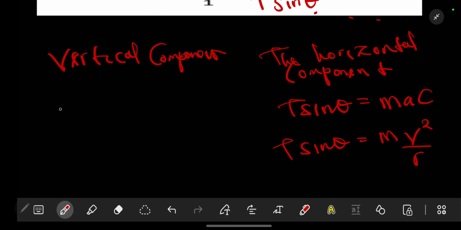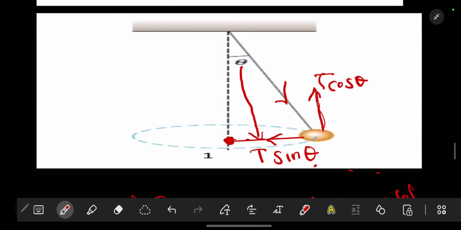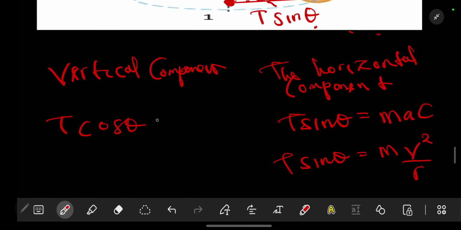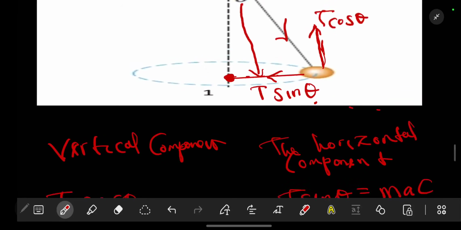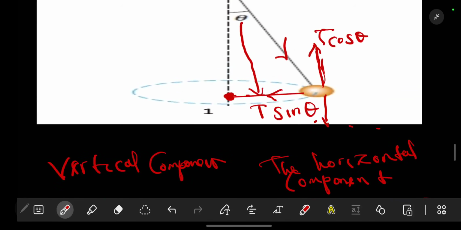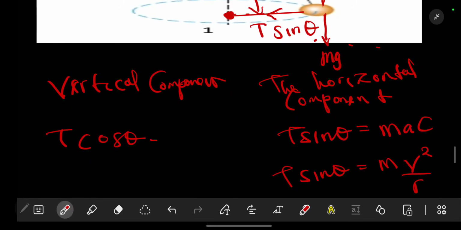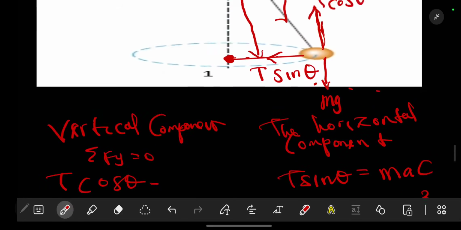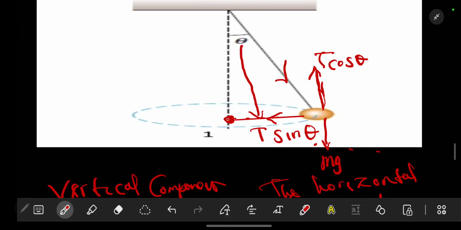The vertical component is T cosine theta in this case, because it is the one pointing up. The downward force is the mass times gravity. So the summation of forces in y is equal to 0. As you can see, it's maintaining this level.